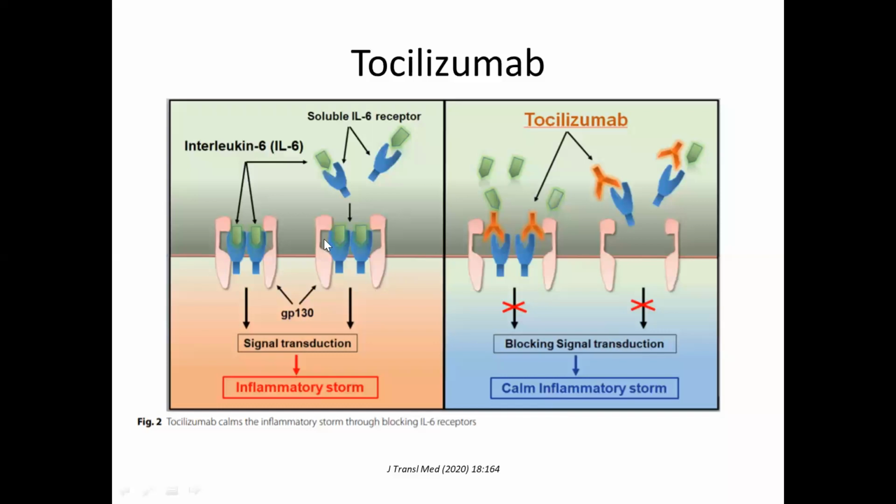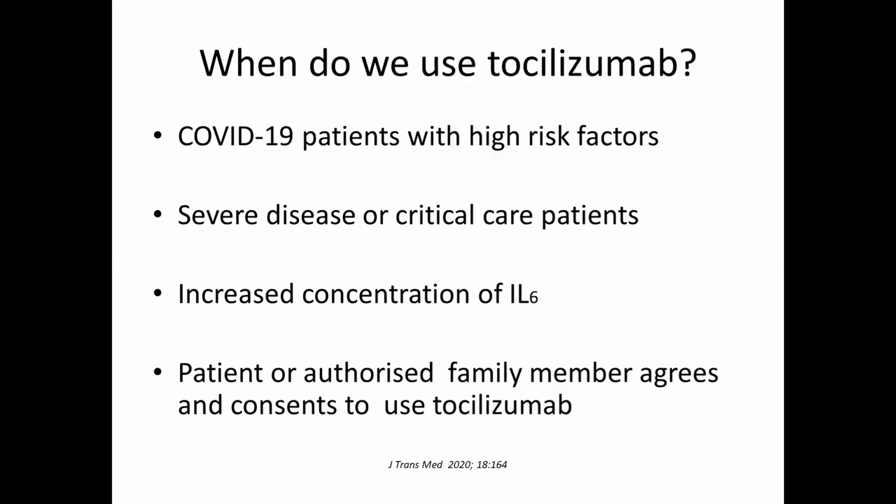So when you give tocilizumab, which is an interleukin-6 antagonist, you mitigate the inflammatory storm, which is mediated by interleukin-6, and so you calm the inflammatory response.